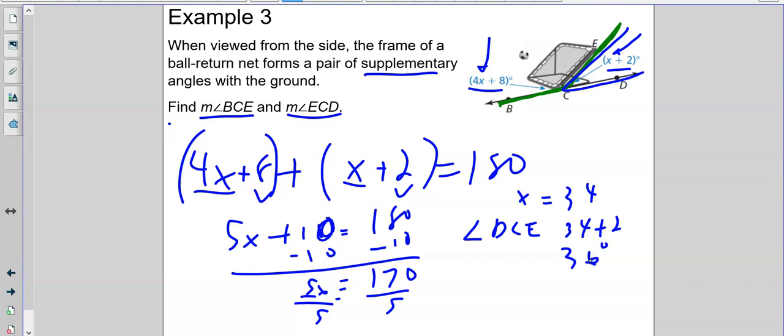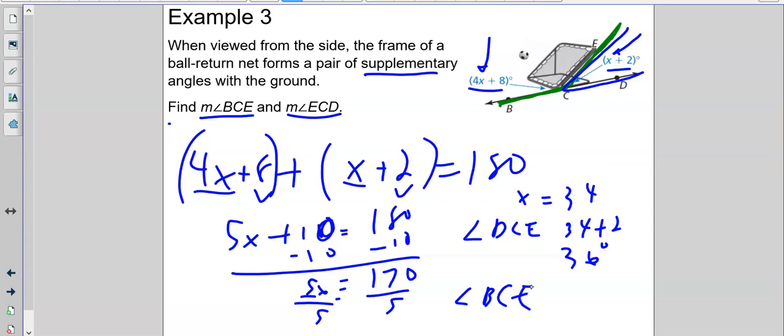Now I have two choices. I can plug in 34 to 4 times x plus 8. Or I can quite simply, since I know they're supplementary, just subtract 36 from 180. It makes no difference. It's just faster to do the subtraction. BCE.